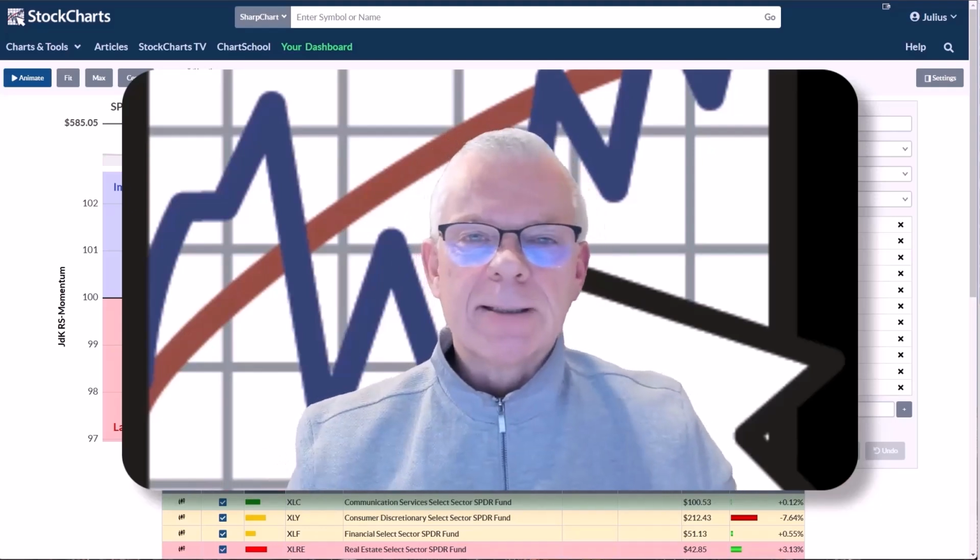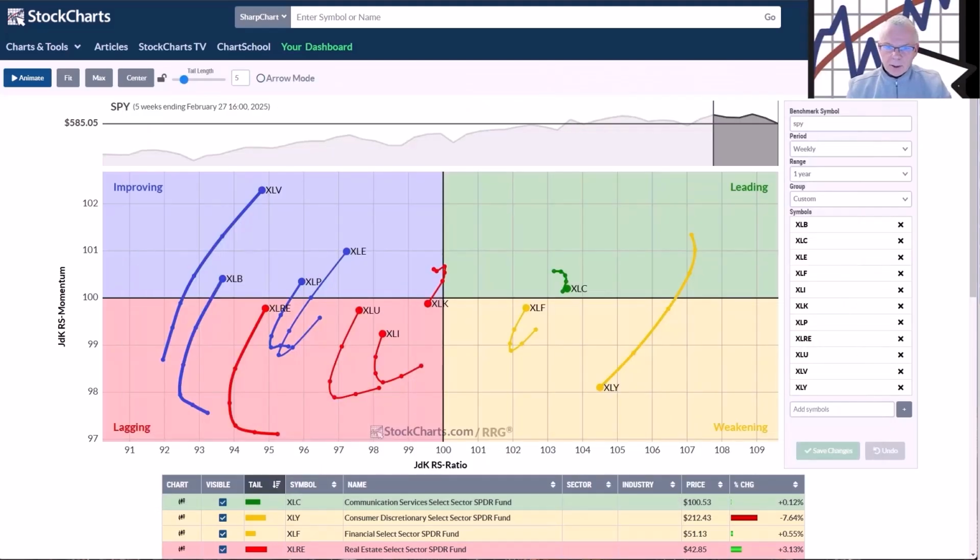Let's get started. Obviously, we have to start with the current RRG and the rotation that we see there for US sectors. This is a weekly chart, so it doesn't change that rapidly. But having said that, you can see that this week and the last segments here are updated until, in this case, Thursday's close.